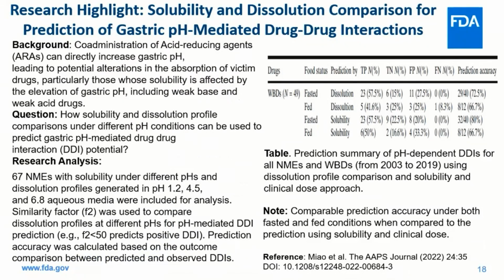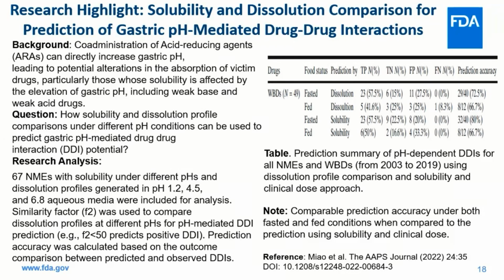We analyzed 67 new molecular entities approved from 2003 to 2019 with solubility information at different pH and dissolution profiles generated in pH 1.2, 4.5, and 6.8 aqueous media. Similarity factors were used to compare dissolution profiles at different pH for pH-mediated DDI prediction. We used F2 less than 50 to predict positive DDIs.